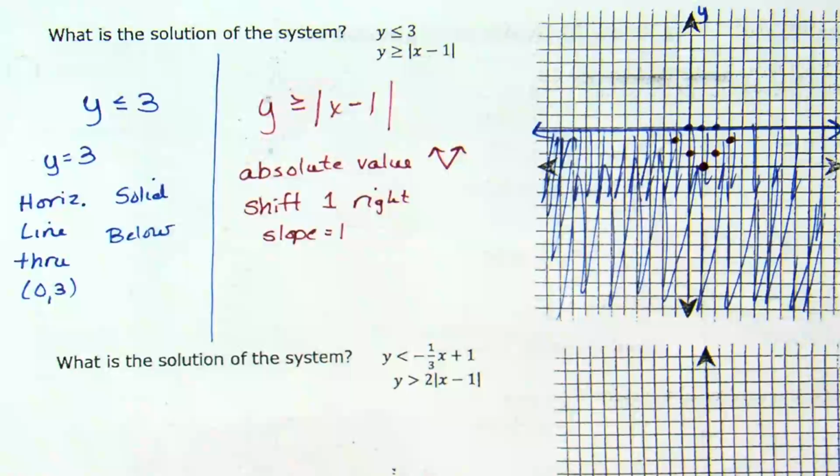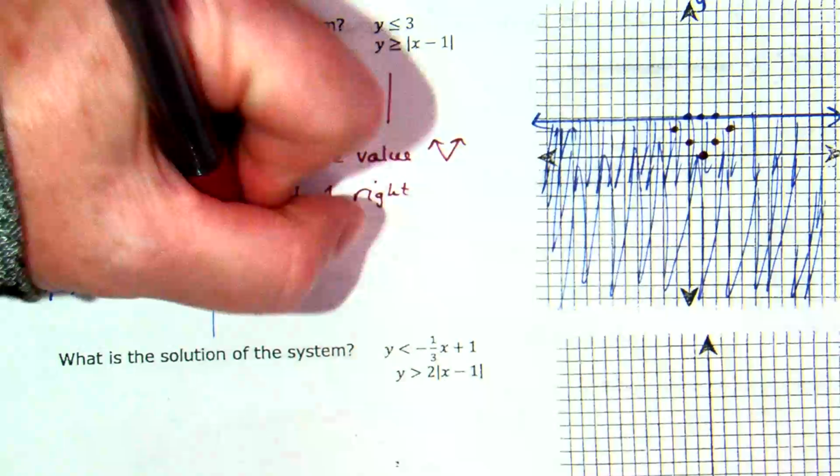Okay. How are you connecting this V? This is going to be a solid V with what kind of shading? Greater than says above.